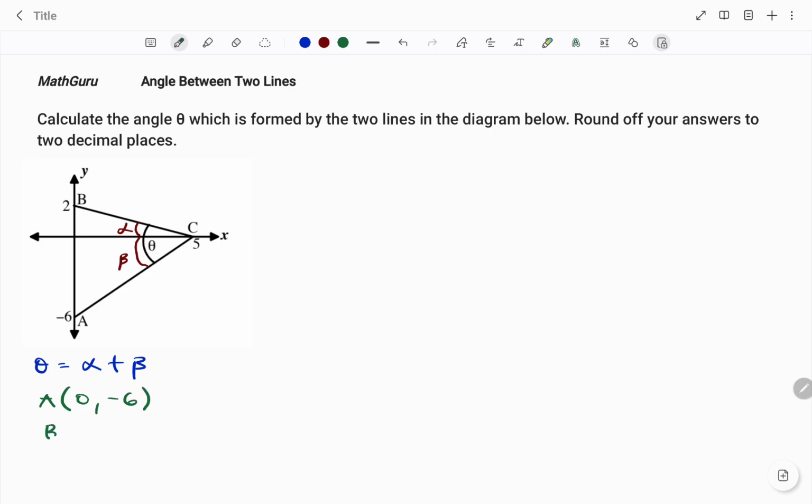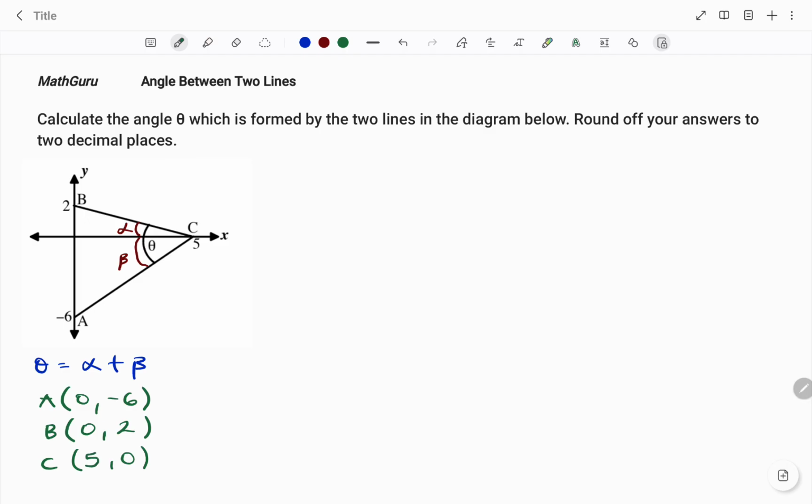Point B is also lying on the y-axis, so the value of x is 0, but the value of y is +2. Note that C is lying on the x-axis, so the value of y is 0, but we've been given x, which is +5.